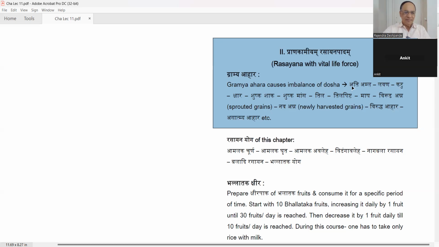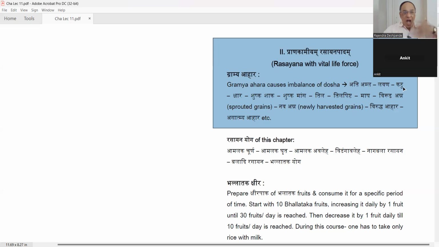Ati amla, very, very sour. If the patient is taking, day and night, every day, lunch and dinner, all the pickles that are sour, mango pickle, chili pickle. Then whatever we eat as wafers, kurmure, churmure, popcorn, that are salty and also a little bit sour. Lavana, salty.